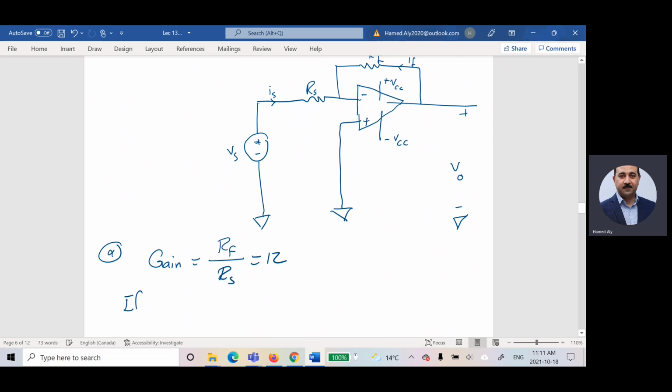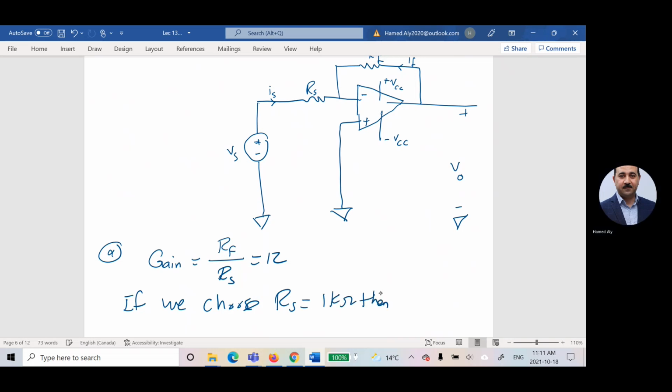If we choose RS to be, for example, 1 kilo ohm, then RF will be equal to 12 kilo ohm. Do we have 1 kilo and 12 kilo ohm in the lab? If I have them, this is the end. If not, I will try another value and see the corresponding value for RF.